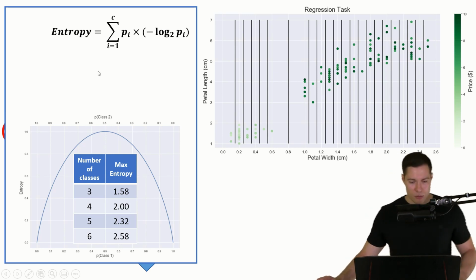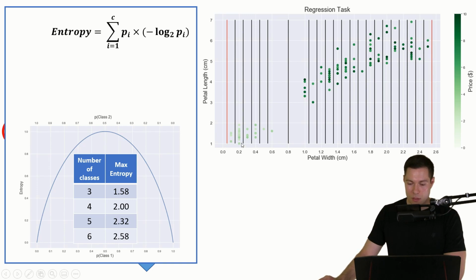Okay, so now to understand how this entropy behaves for the different splits, let's look only at some edge cases of those splits. So we're going to look at those most outer splits here, and actually we're going to look at splits that are even one step further outside.